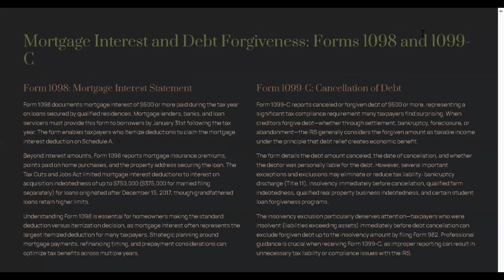And if the person earned more or paid more than $600 in interest on the home that they had in that tax year, they're going to receive this form. So on the intake form, we normally ask, do you rent or do you own? If a person says they own and they did not upload a mortgage interest statement, you're going to say, hey, do you have a mortgage interest statement?